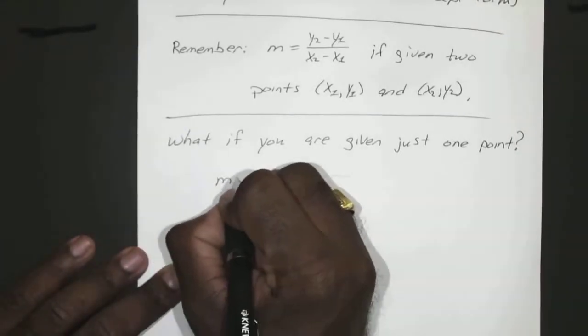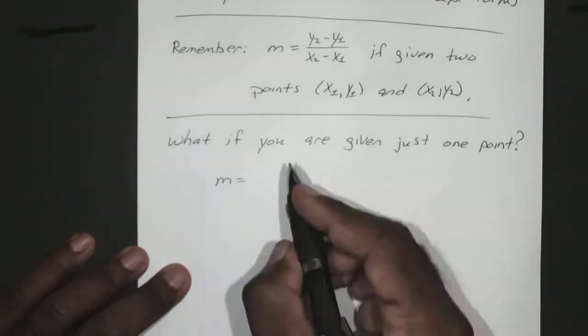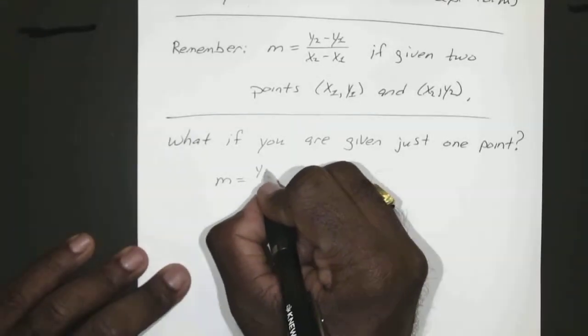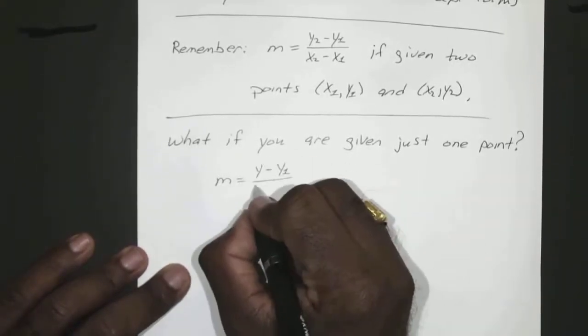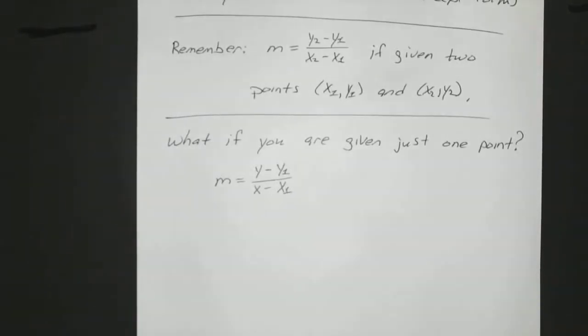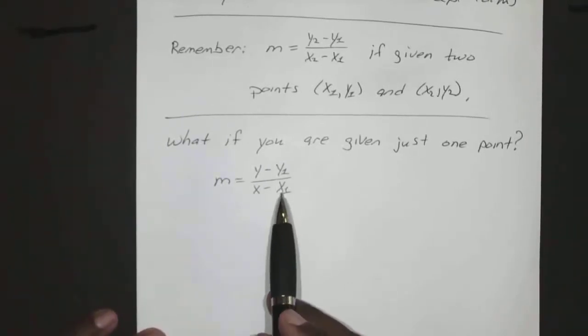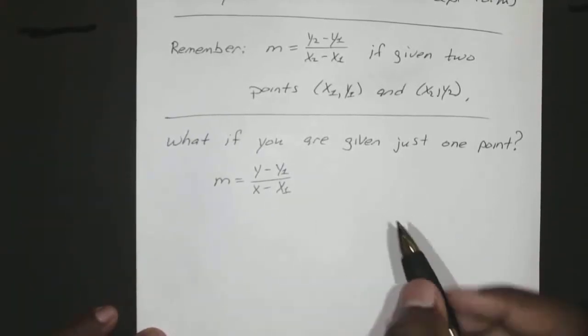That means your slope, instead of y2, it would just be some y, because we don't know what y2 is. Minus y1. Okay, we have our y1 and our x1. We don't have an x2 and y2, because they only gave you 1 point. Okay, so what if we multiply both sides by x minus x1?